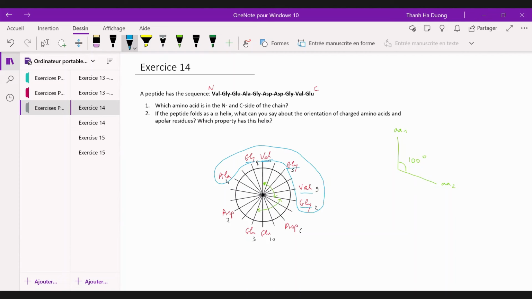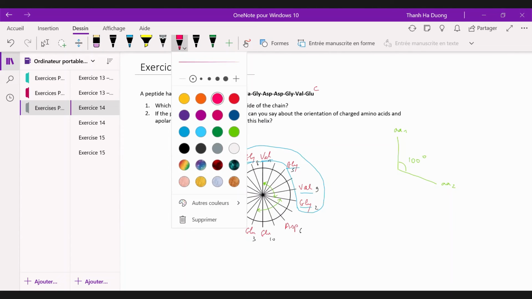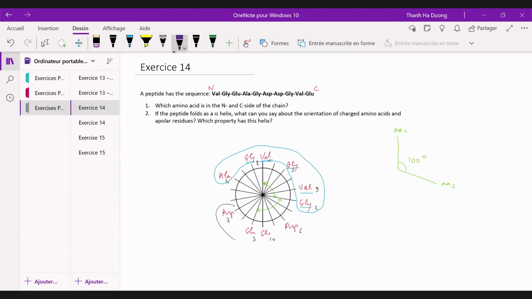Okay? If we take aspartate, glutamate, and aspartate, these amino acids are this time polar or not polar?